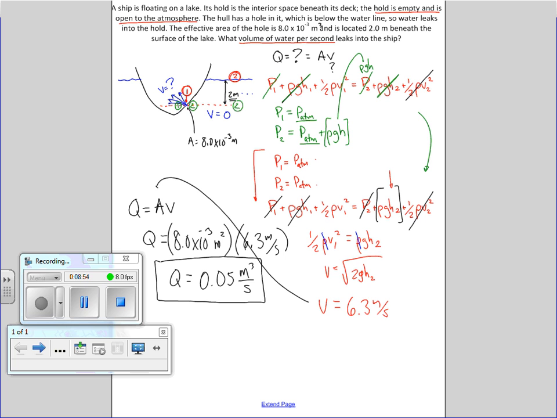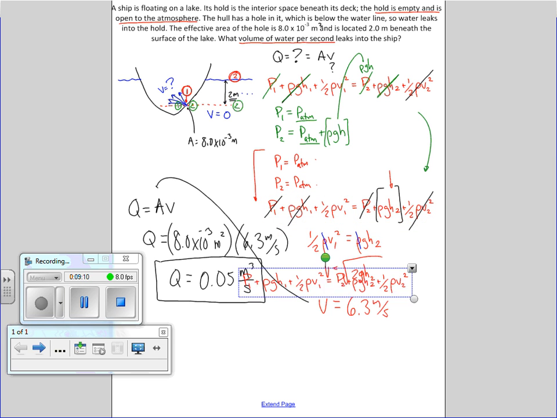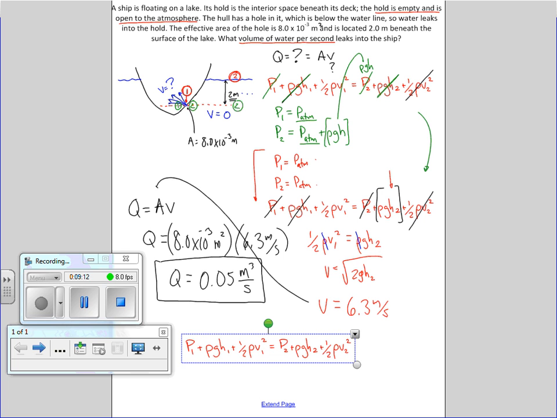Okay, a couple of things with Bernoulli's questions. First, how do you recognize them? Let's look at the main terms. Here's Bernoulli's equation.